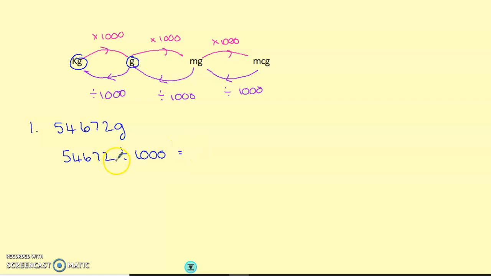Move my point back 3 spaces, get 54.672. I want 1 decimal place, so I get 54 point, I only want one number after the point. So that one number, I'm looking at the 6, the number after the 6 is a 7, so that's going to push that up to a 7. So that would be 54.7 kilograms.